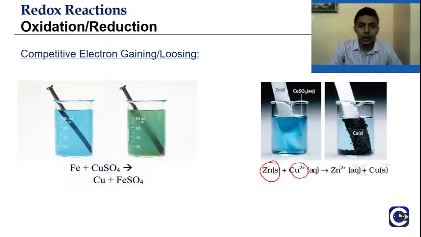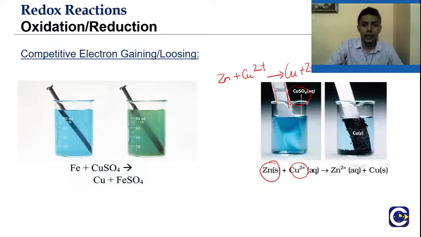So that is why when you put zinc in copper sulfate, that is, in Cu2 plus ion, you will get Cu and Zn2 plus because it is spontaneous.